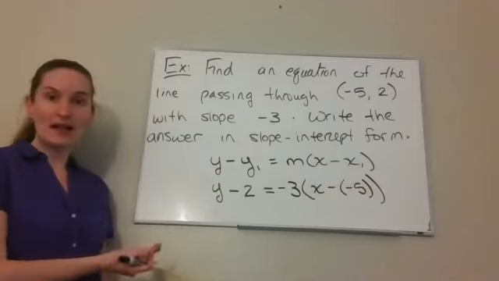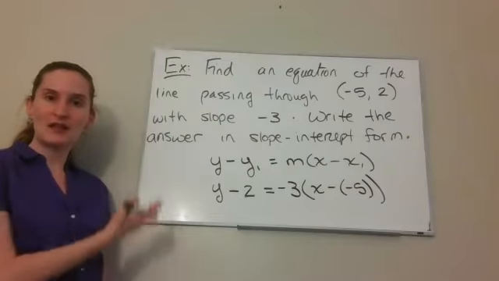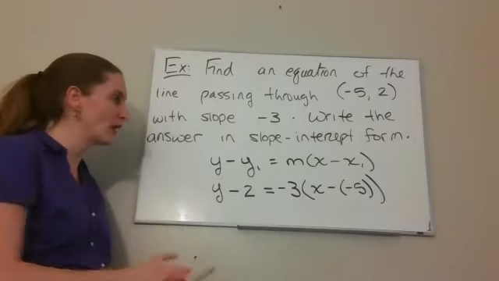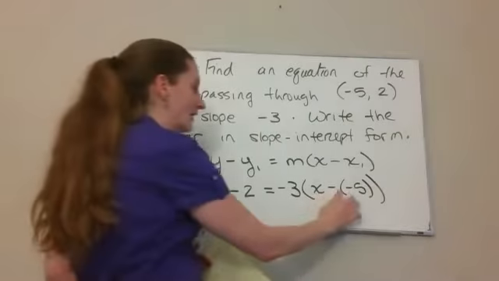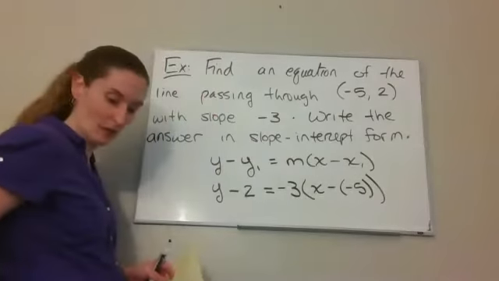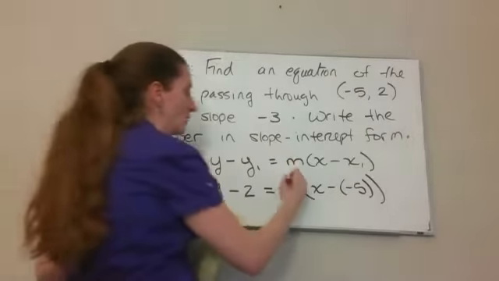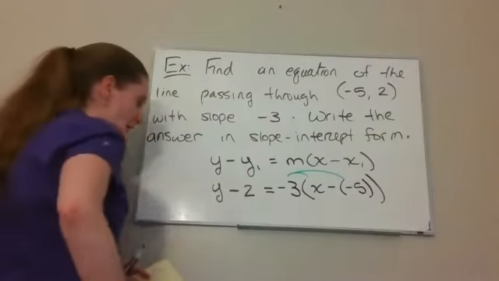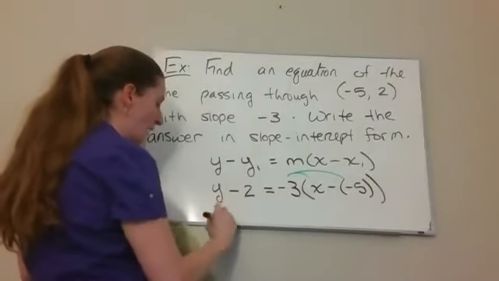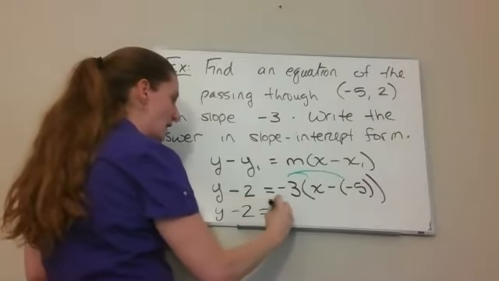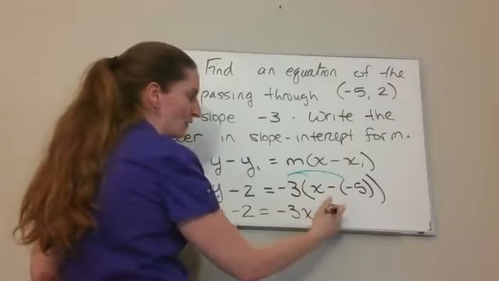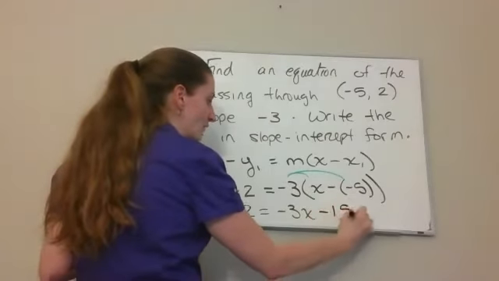So this is already the equation of our line, but this problem asks us to write it in slope-intercept form. So we do need to simplify a little bit. This minus a negative is going to be a plus, we know that already. And also we're going to multiply that -3 through. So I'm going to have y minus 2 equals -3x. This is a positive 5 times -3, so minus 15.